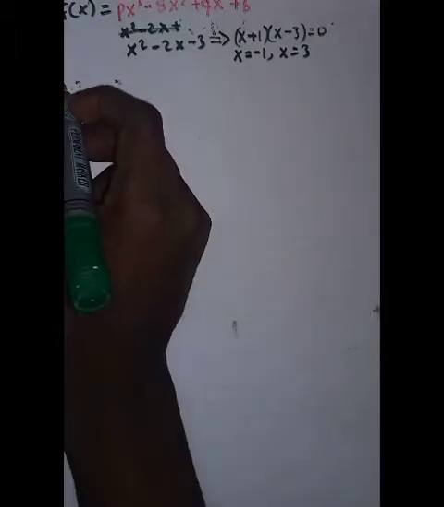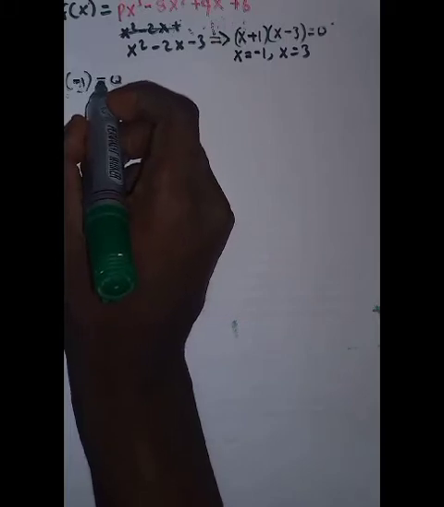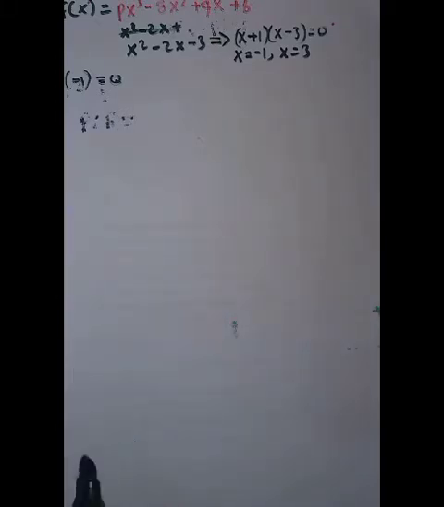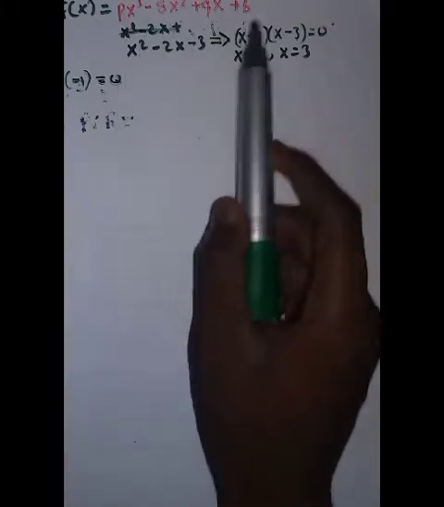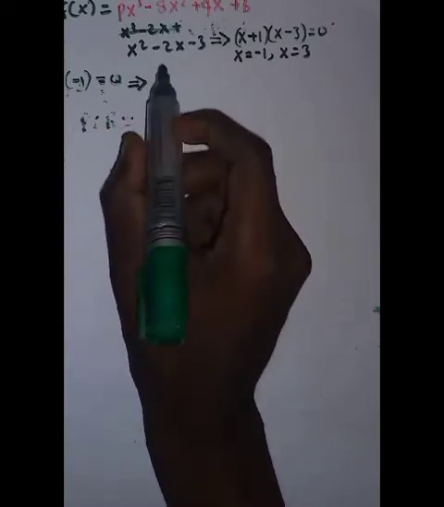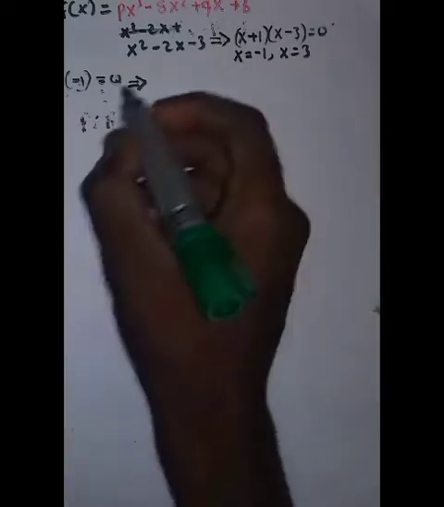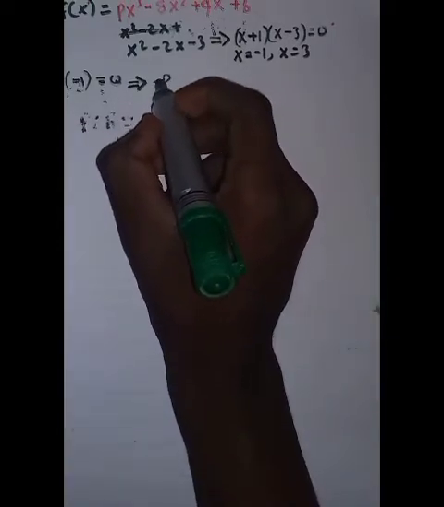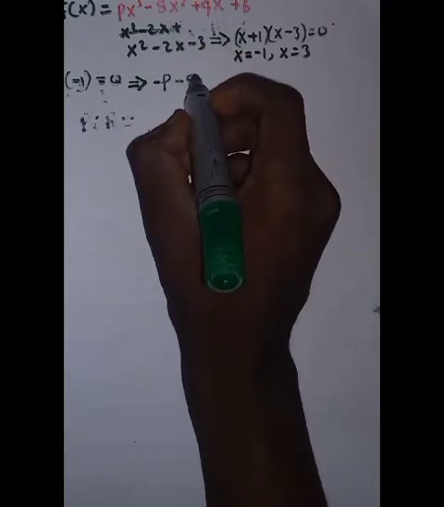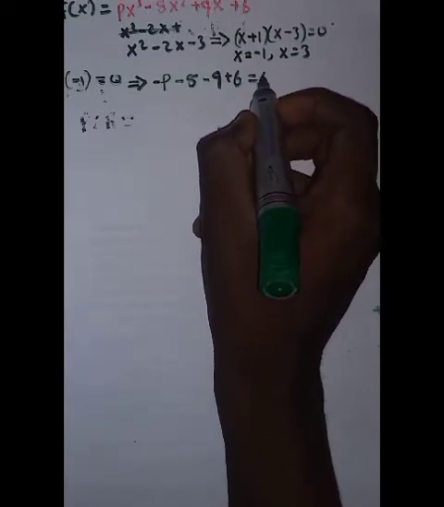Good. So we are going to evaluate f of negative 1. That has to give us 0, since x squared minus 2x minus 3 is a factor of this polynomial. Good. If we put negative 1 into this, because negative 1 cubed is just negative 1, we are going to have negative p, then negative 1 squared is 1, so minus 8, minus q plus 6, that should give us 0.